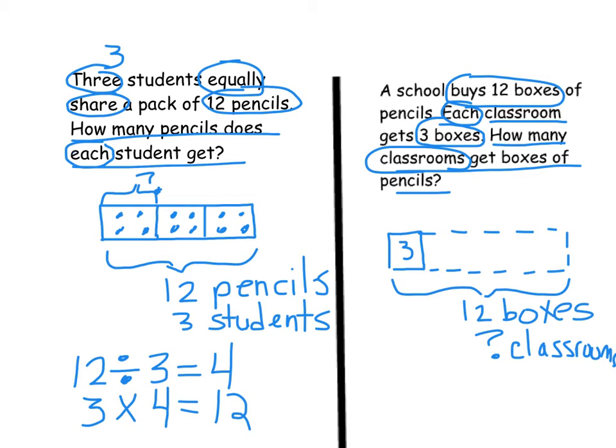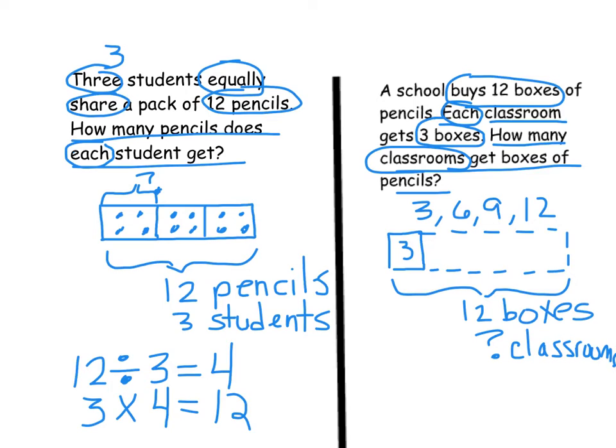So 3, 6, 9, 12. I just skip counted 1, 2, 3, 4 times. So I need to break my tape diagram up into 4 different units.